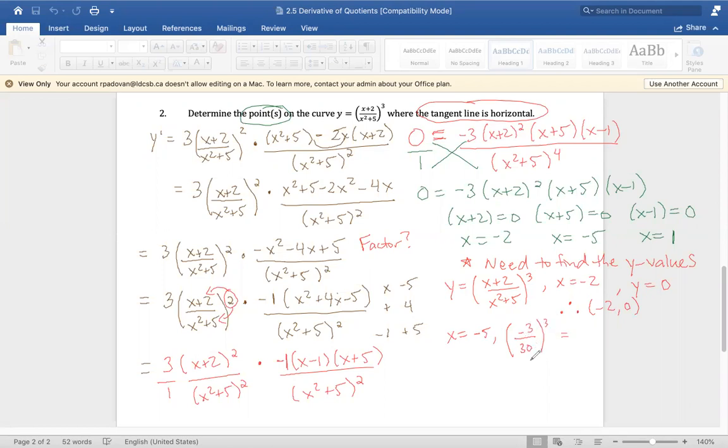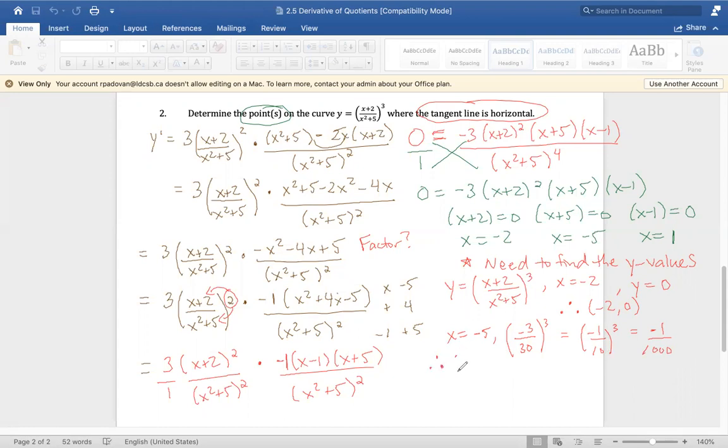But I could get that down to lowest terms first. I can divide by 3 and divide by 3 and get -1/10 cubed, just because then I have smaller numbers to cube, right? -1 times -1 times -1 is still going to be a -1. And when I have 10 to the power of 3, it's just 3 zeros. So I end up with -1 over 1,000. So that is my point. I would like to fit it in here, but I don't think I will.